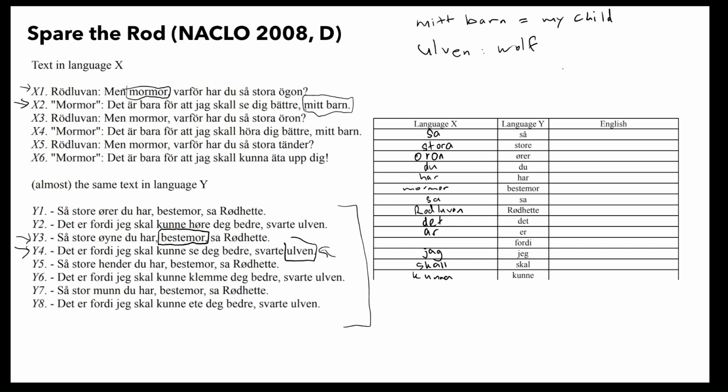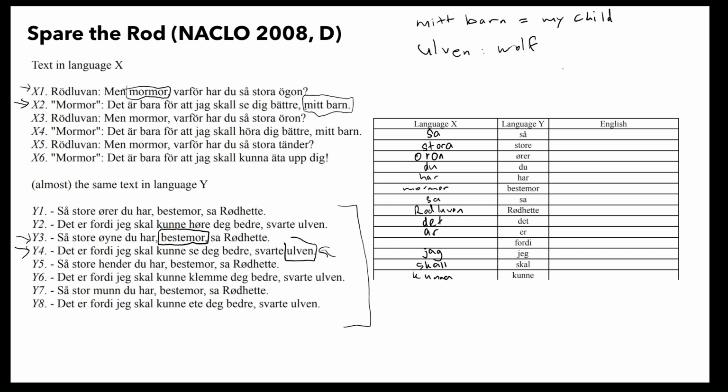So, let's think about well-known texts in English, in language X and language Y, which we're assuming is Norwegian. Let's think about well-known texts that involve a conversation between a person and a wolf.